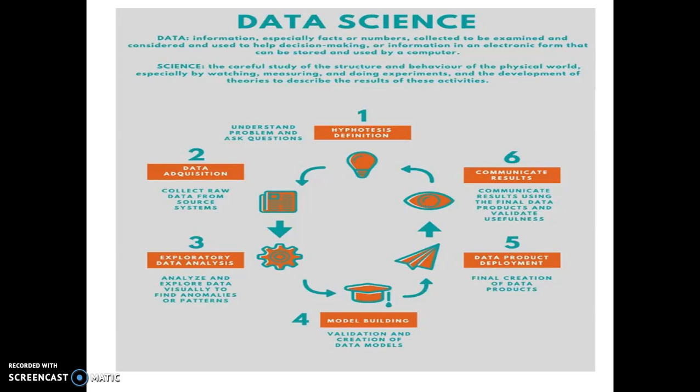And using this model, we create some insights, conclusions, alternative options, etc. Then we go to step 6 where we communicate these results to the different stakeholders, and we put them in front of them, and they validate the usefulness, and sometimes they also implement this solution.